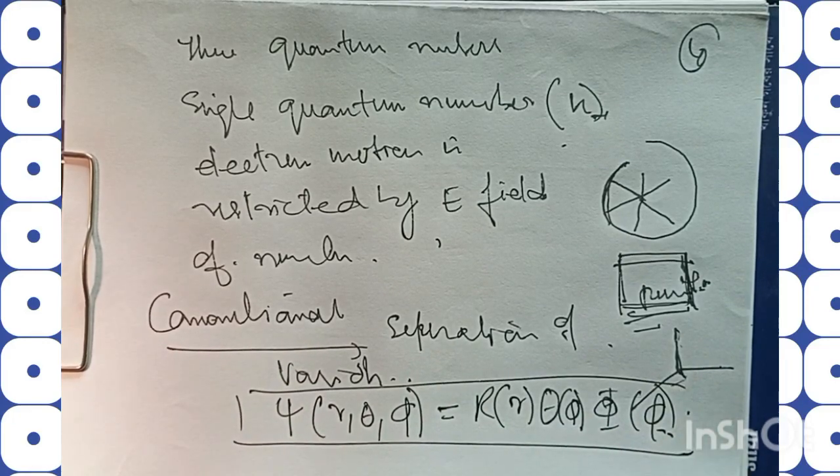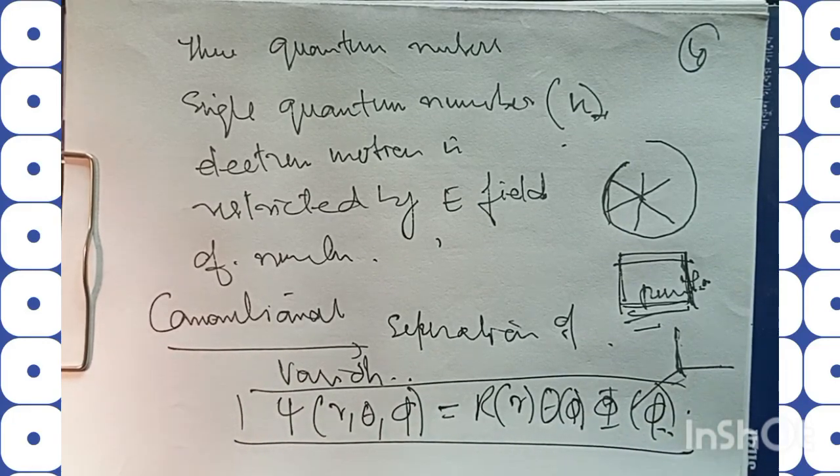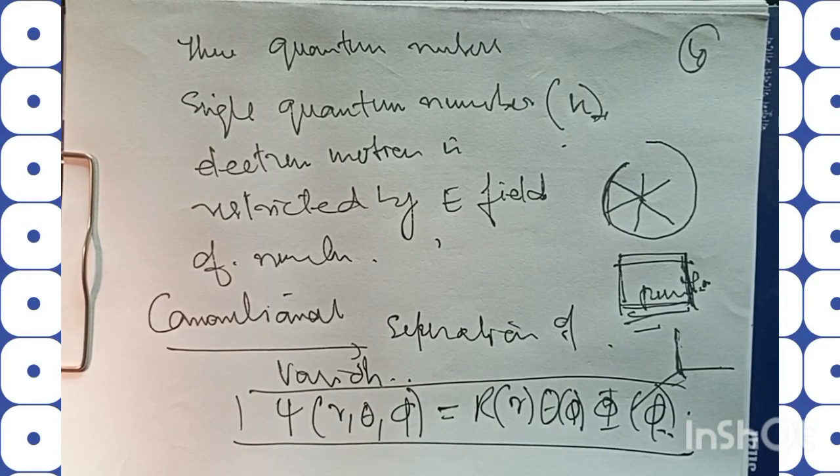We discussed this kind of problem in Cartesian coordinates for the particle in a three-dimensional box, where instead of r, theta, and phi, we had x, y, and z.